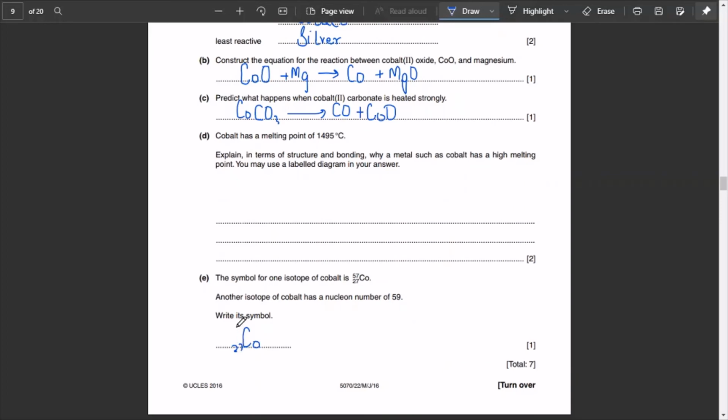This is gonna be same, however, because the Ar has changed, we're gonna just change the Ar part. So 57 will become 59 now. That is all that you have to do in this.